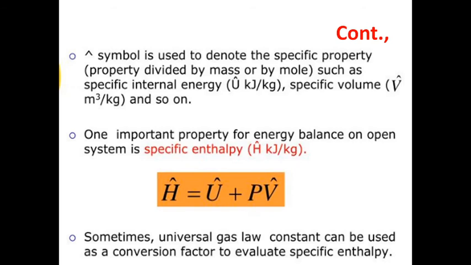One important property for energy balance on an open system is specific enthalpy, H caret, kilojoule per kg. H is equal to U plus PV. This is the relation between enthalpy and internal energy. Sometimes the universal gas law constant can be used as a conversion factor to evaluate specific enthalpy.